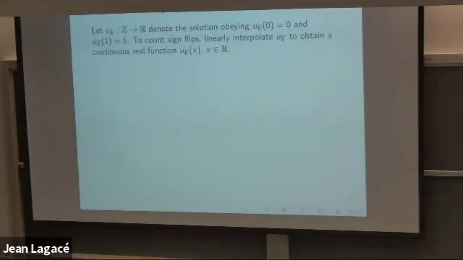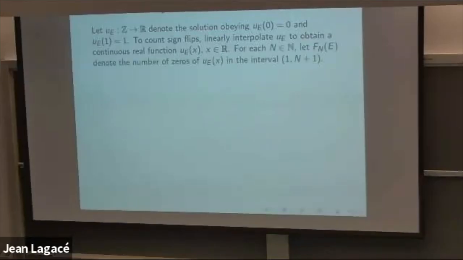And now you count zeros. Zeros of what? There could be no zeros at all. So you linearly interpolate u_E between values. For example, between 0 and 1, you run in an affine way from 0 to 1. And then you keep going like that. You have these points and then you just connect them with a zigzag line like that. Now you have a potential for zeros and you count them.